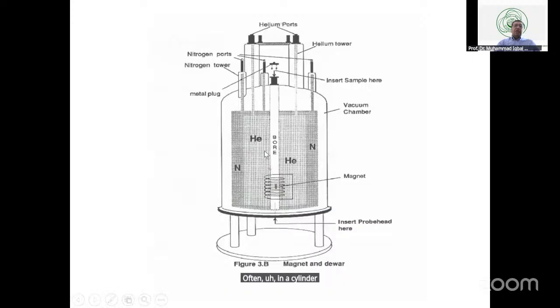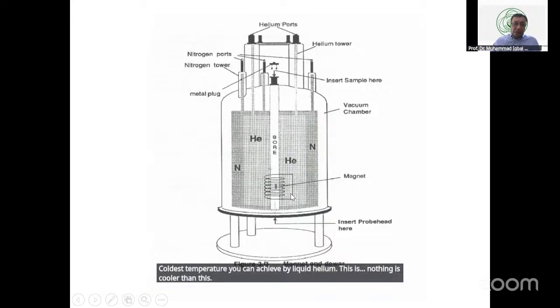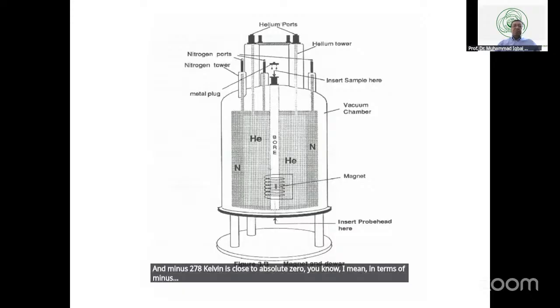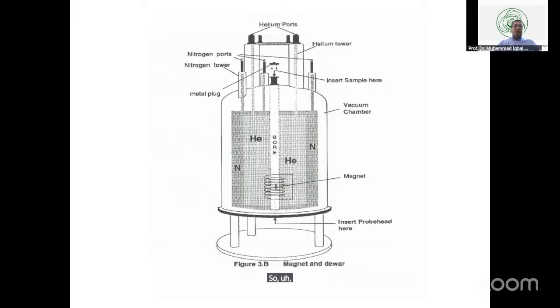They need to be at the coldest temperature you can achieve, by liquid helium. Nothing is colder than this, minus 270 Kelvin. Remember, the room temperature is 298 Kelvin, and minus 270 Kelvin is close to absolute zero. So this is the coldest thing.